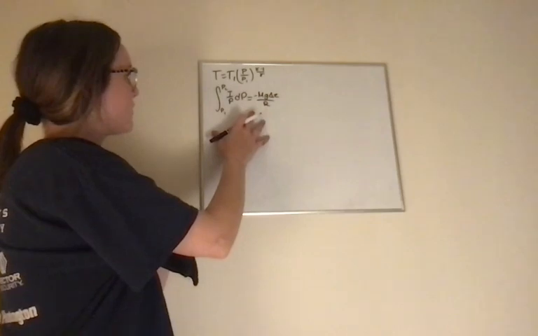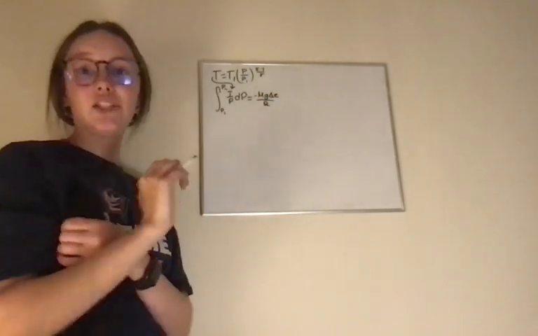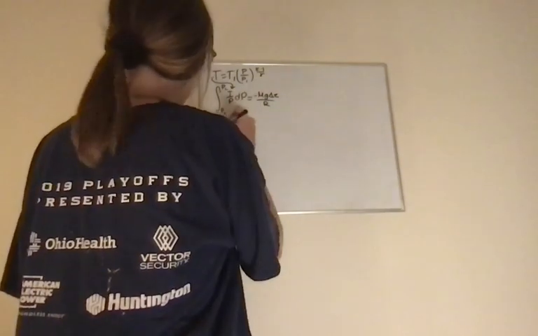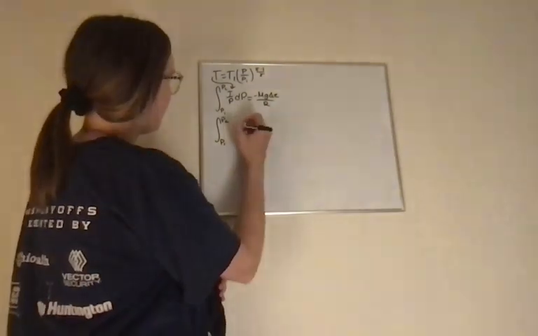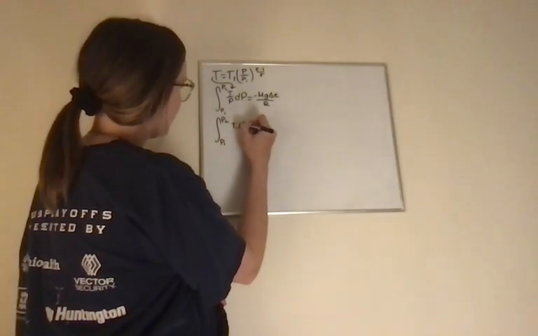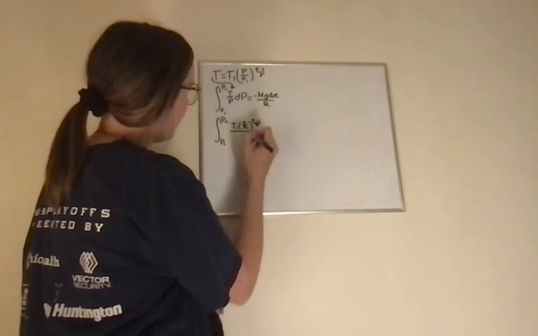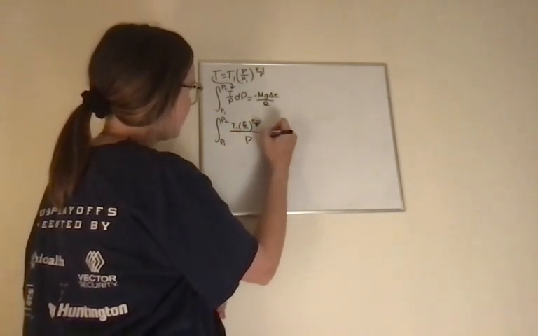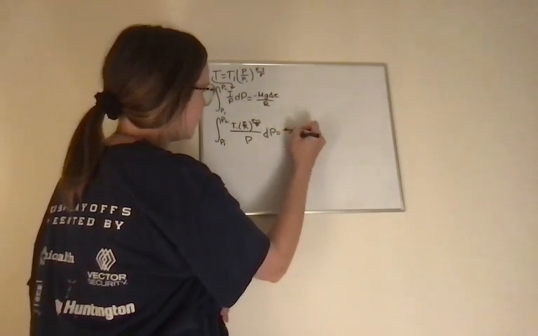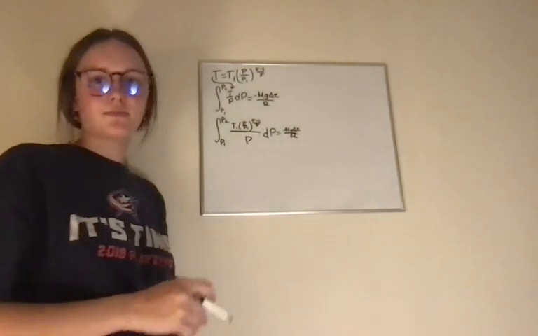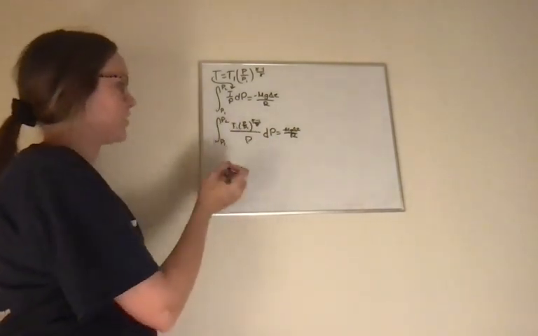So now that we have this, we're going to take this T and substitute it into the equation. So we're going to end up with the integral from P1 to P2 of T1 times P over P1 to the gamma minus 1 over gamma, all of that over P, dP equals negative mg delta z over R. So now we are going to take out the constants.